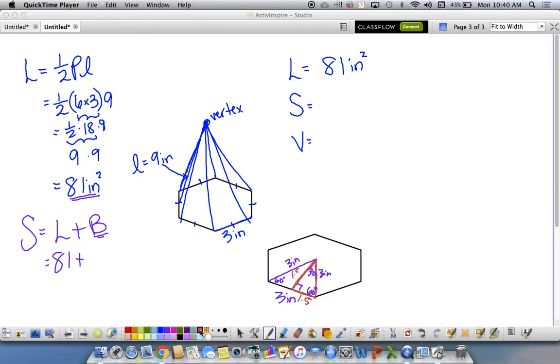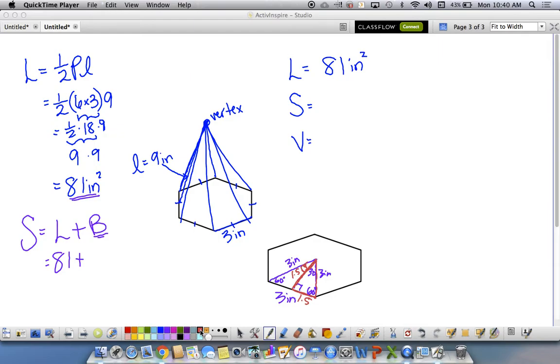Yeah, 1.5 times the square root of 3. Now, if you remember the formula, I rarely do. I'm just going to admit it to you. I have to go back and look it up. But I can find the area of this one triangle and multiply it by 6.